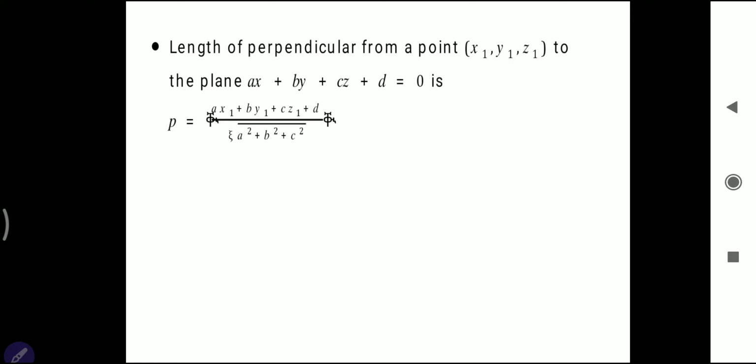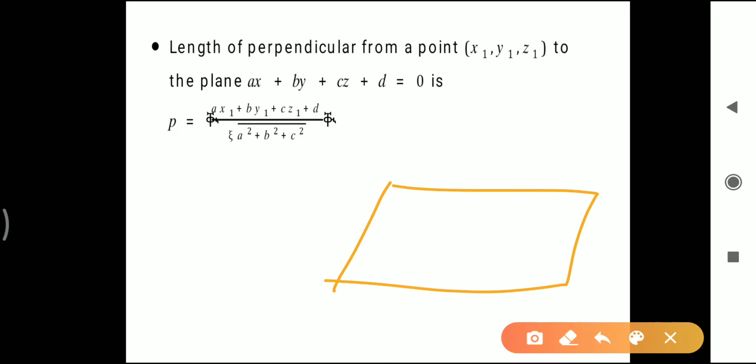And now this is the last part. This is the length of the perpendicular, a very important thing. Suppose this is your plane, and you have a point here whose coordinates are x1, y1 and z1. I want to find out this length, which I have denoted by p.